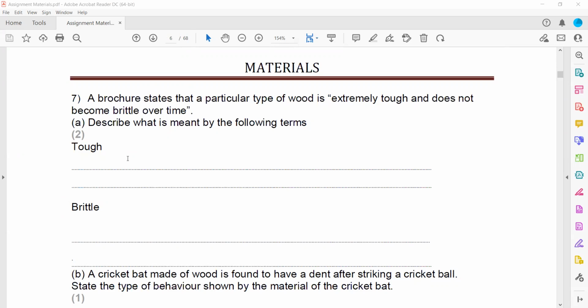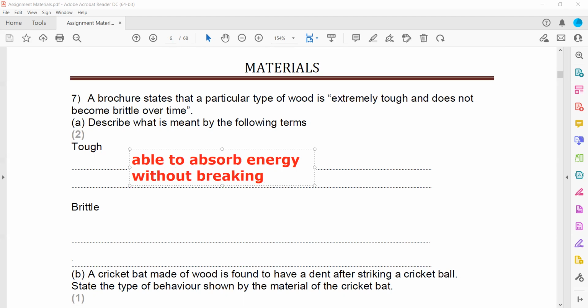or you can also mention able to absorb energy without breaking, or can show a considerable plastic deformation without breaking. What is the meaning of the term brittle?